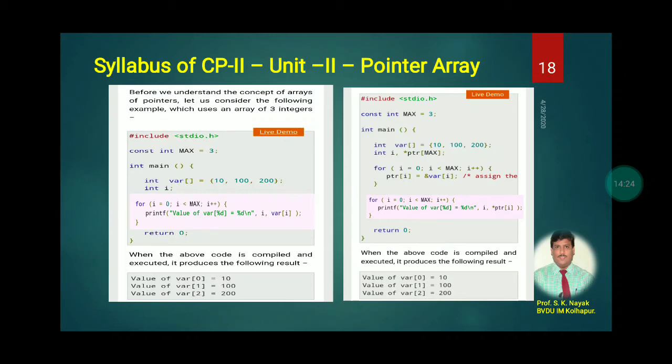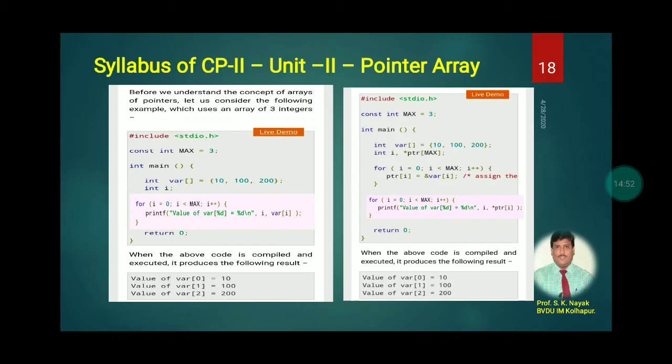Now the for loop will help to do the assignment. I equal to 0, I less than max, because 0 to 2 means maximum 3 numbers, I plus plus. Then ptr of I, that means the first pointer, ptr of 0, will be assigned the ampersand of var of 0. That's why we have 3 elements and are keeping them in an iteration process with a for loop.